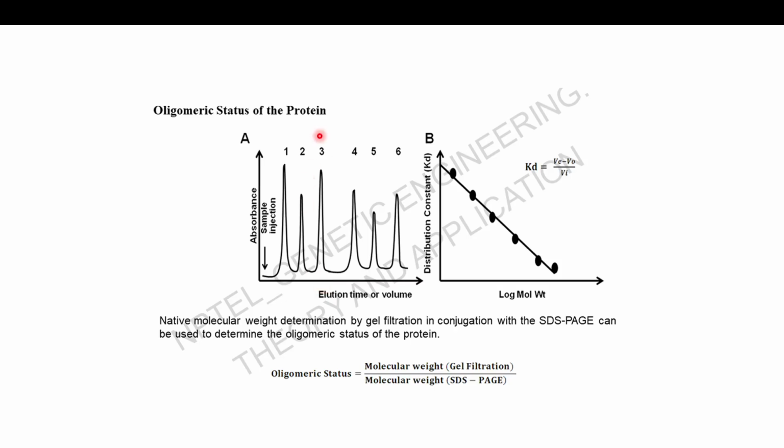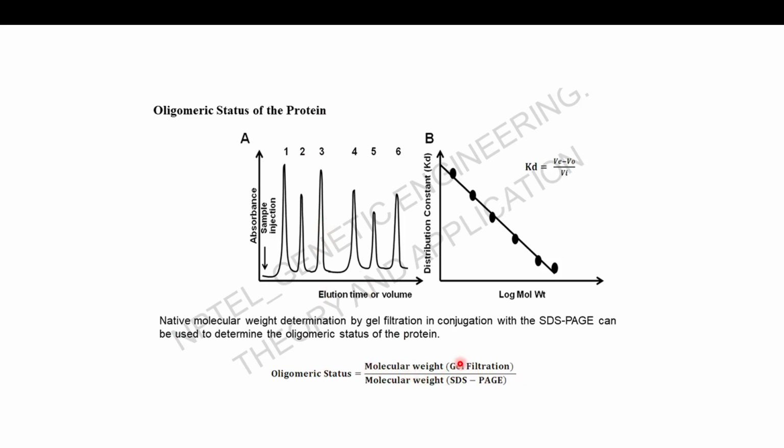However, when we run the same sample in an SDS-PAGE, which is denaturing, our protein of interest runs at 10 kDa molecular weight. The band of our protein of interest comes near the band corresponding to a 10 kDa protein. So that means it is forming a trimer, right? So how do you really know what the oligomeric status of the protein is? So first, this is in the native condition.